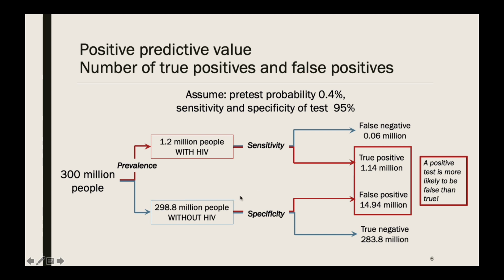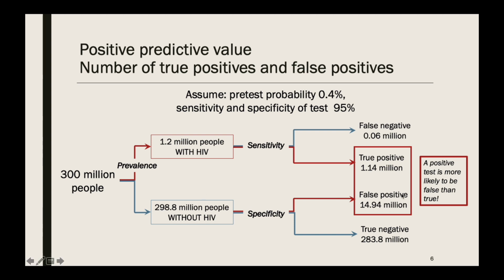Now let's look at our false positive rate. Well, we have almost 300 million people without HIV, and the specificity tells us that 95% of them will have a negative test, appropriately negative. That's a true negative. So 283 million people have a negative test, but there's going to be 5% of these people who have a positive test, even though they don't have HIV.